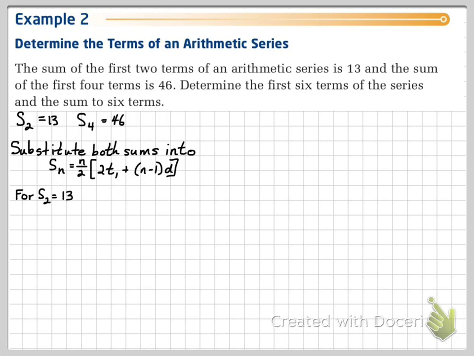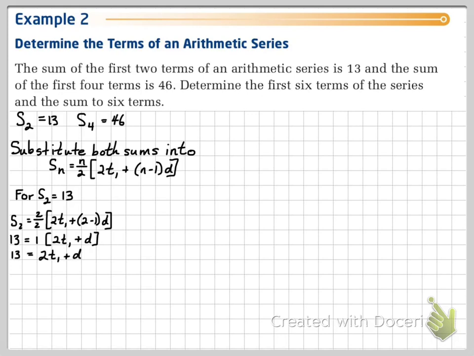For S2 equals 13, the sum of 2 is 13. We're going to say the sum of 2 is going to equal 2 divided by 2 times 2 times term 1 plus 2 minus 1 times d. 2 minus 1 is 1d, and 2 divided by 2 is 1, so we're left with the sum, which is 13, as we're given, is equal to 1 times 2 times the first term plus d.